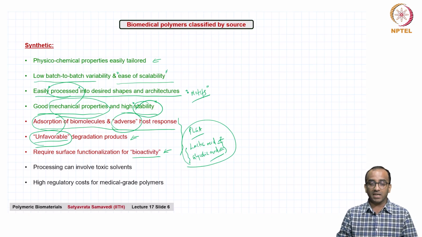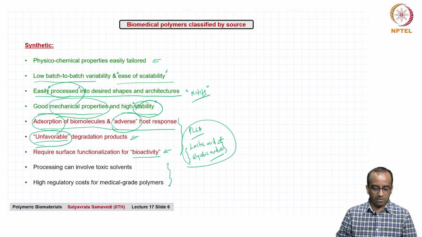So, they don't have ligands, for example, that can attach to receptors on cells. Those are not naturally available. So, typically such polymers, if they have to be biofunctional in the sense that they have to actively elicit a specific response from biological systems, in many cases they have to be functionalized.